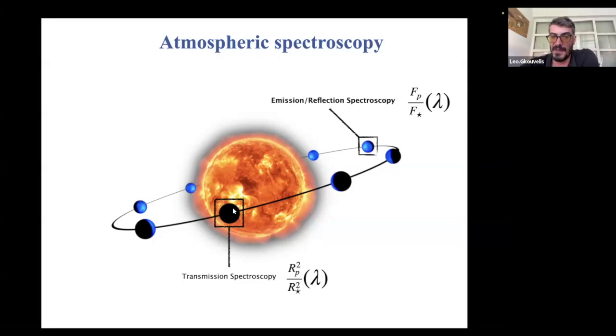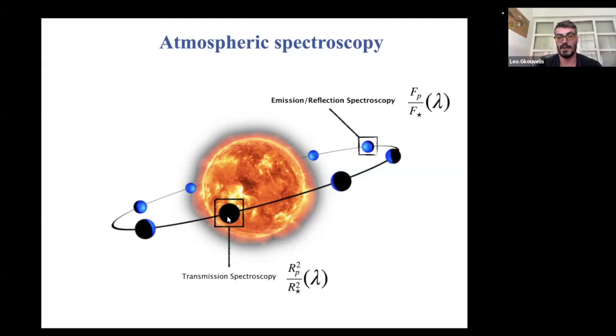So the ideal case is to be actually in transit, which means to make a transit for this reason that we do photometric or spectroscopic follow-ups, like in very short times, and then we observe the modifications in the light, right?